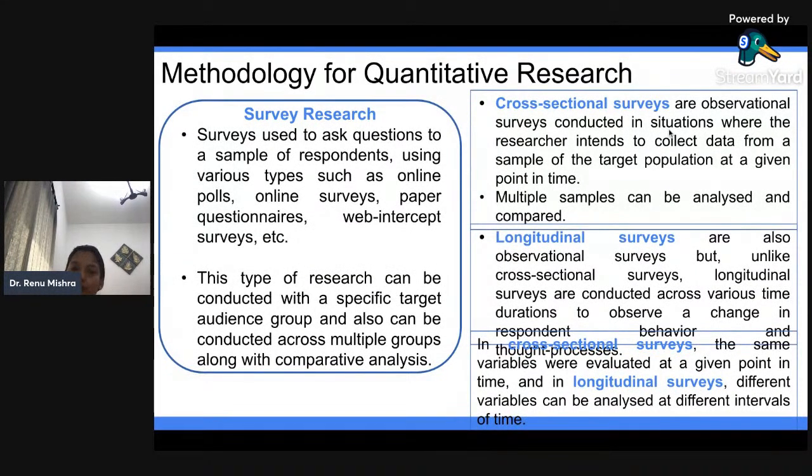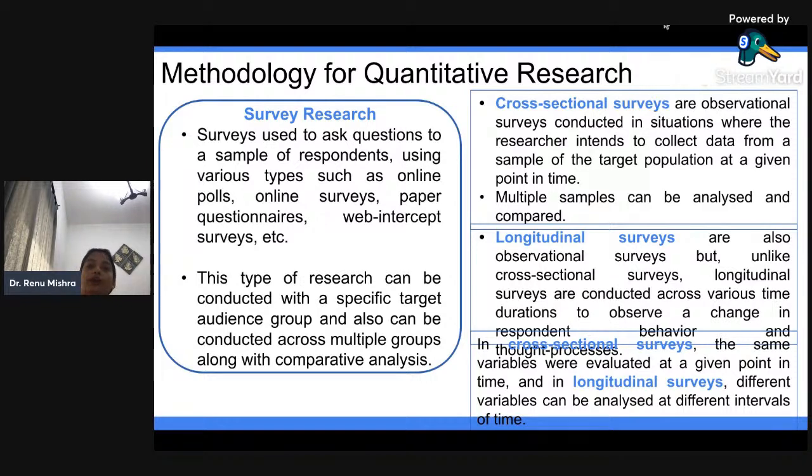Now there are basically two types of surveys: cross sectional and longitudinal. Cross sectional surveys are where the researcher intends to collect data from a sample of the target population at a given point in time. Here, the main thing to see is at a given point in time.